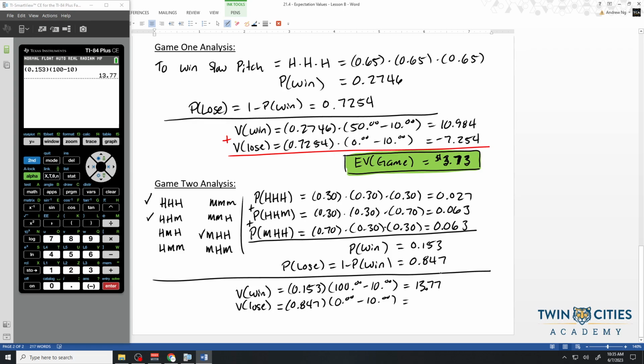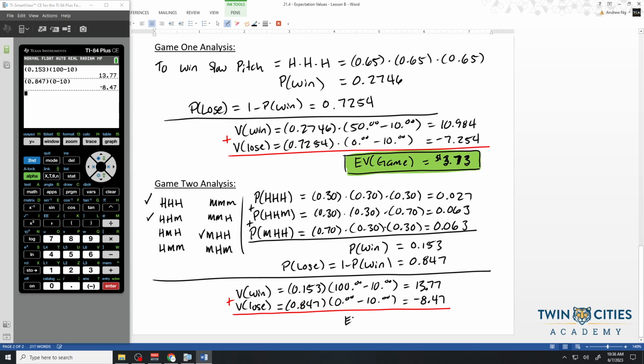Okay, what about loss? This is 0.847 times 0 for my outcome minus $10 to play. This is negative 8.47. Now that I've got the value for all the possible events here, let's add them together to get the expectation value of the game.